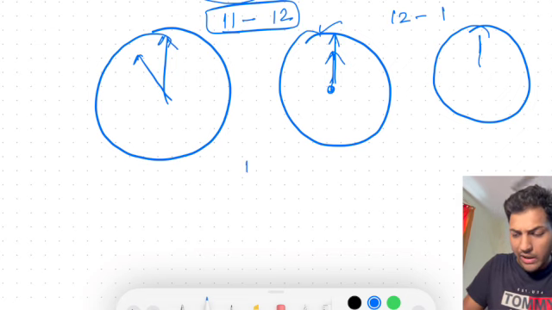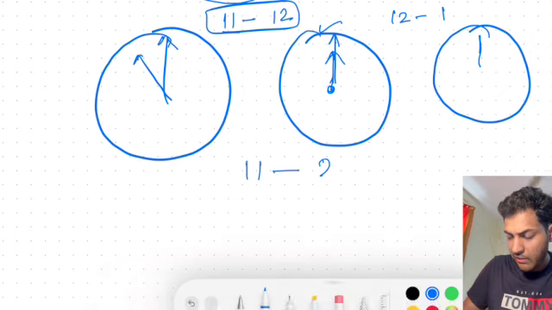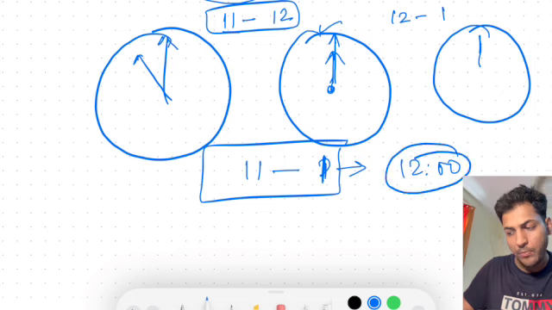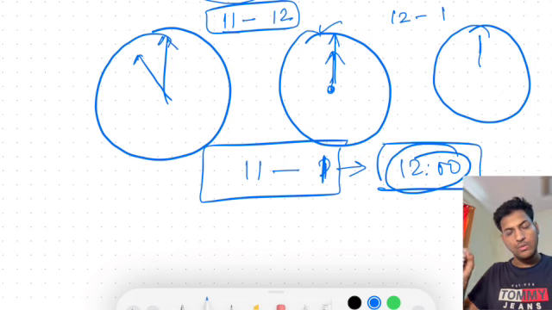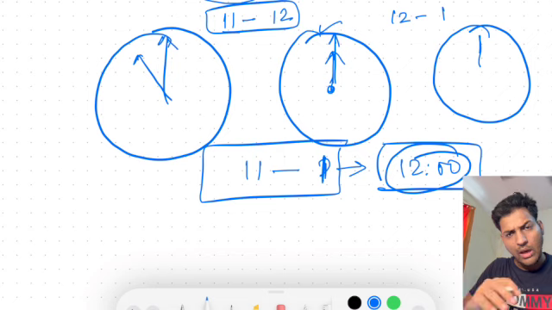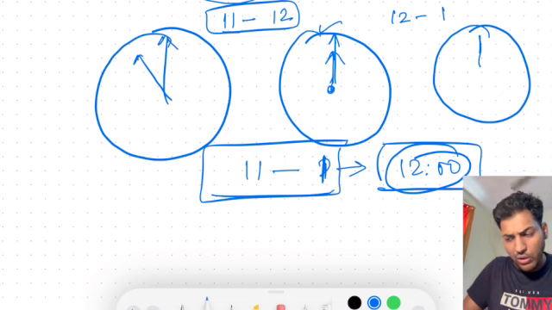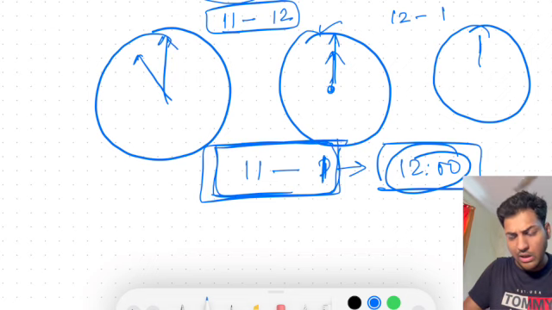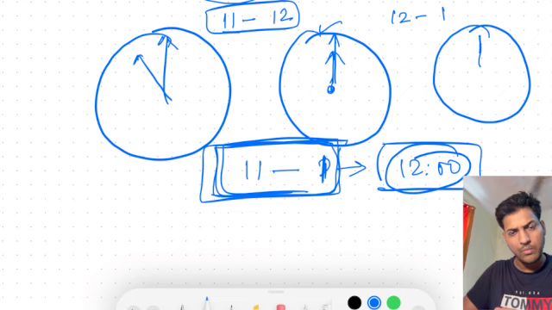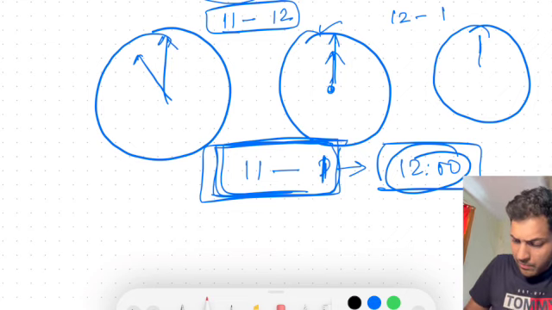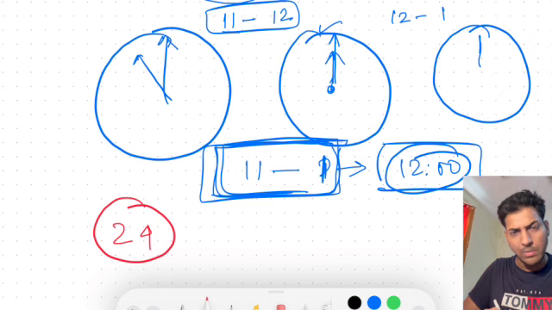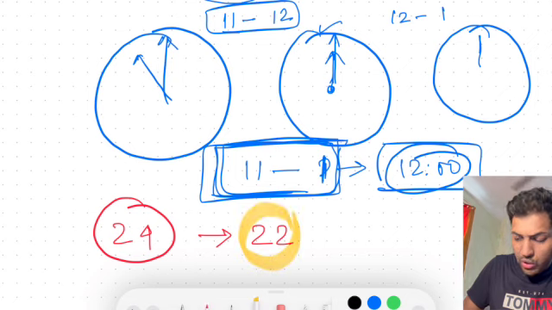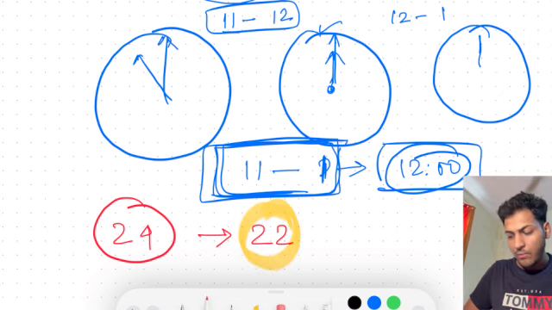So in between 11 to 1, this is 2 hours, they coincide only once, that is at sharp 12. So this is the problem. In every other hour, apart from 11 to 1, the minute hand and hour hand will coincide once, but in this case in 2 hours they coincide once. So in 24 hours there will be 22 times when the hour hand and minute hand coincide.